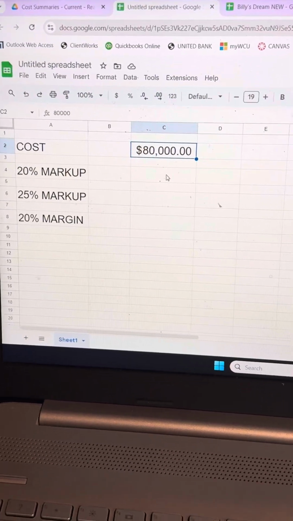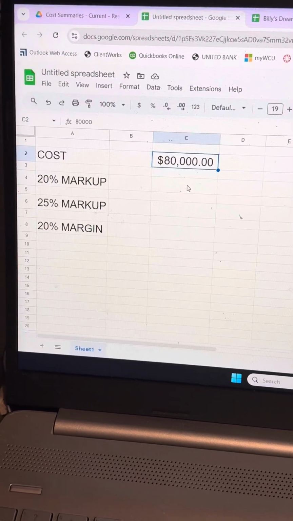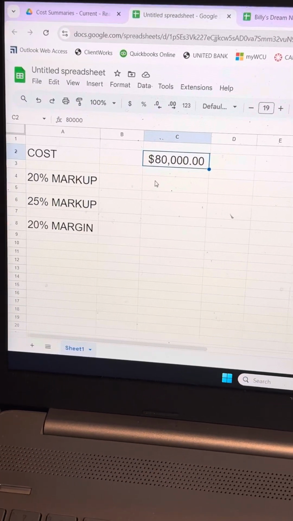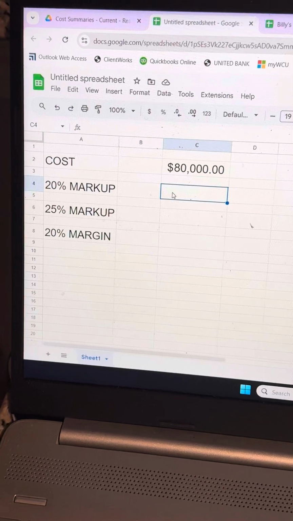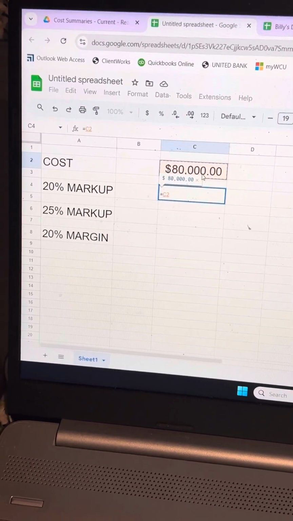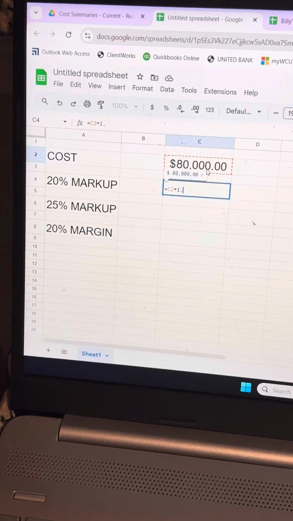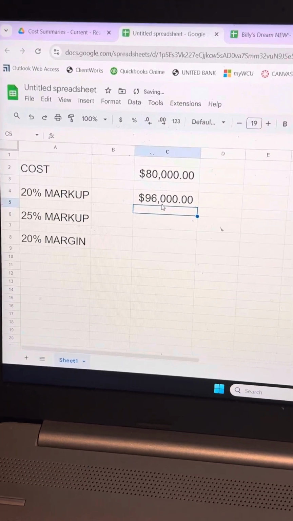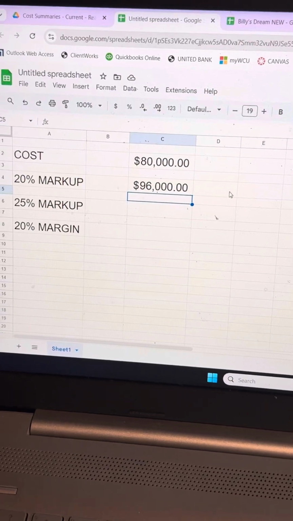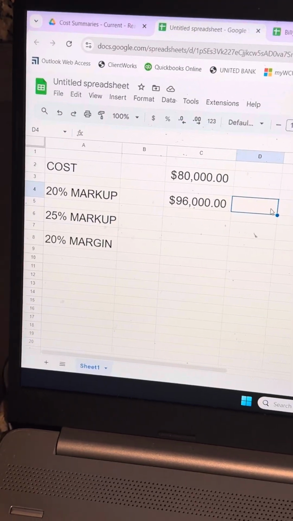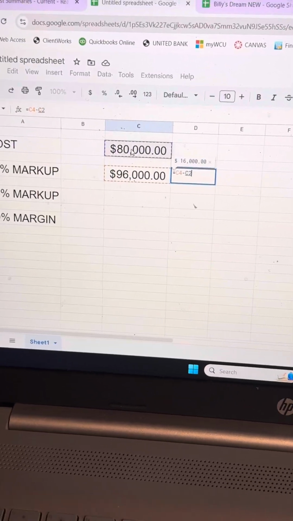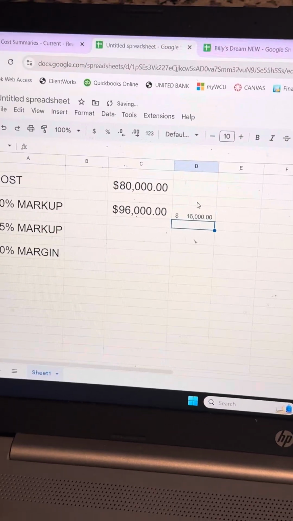So we're going to assume that in this example, there is a job that you've done that cost you $80,000. The way we're doing it now is with the 20% markup. That's what you would bill the customer, and then the difference, minus that, is 16,000.